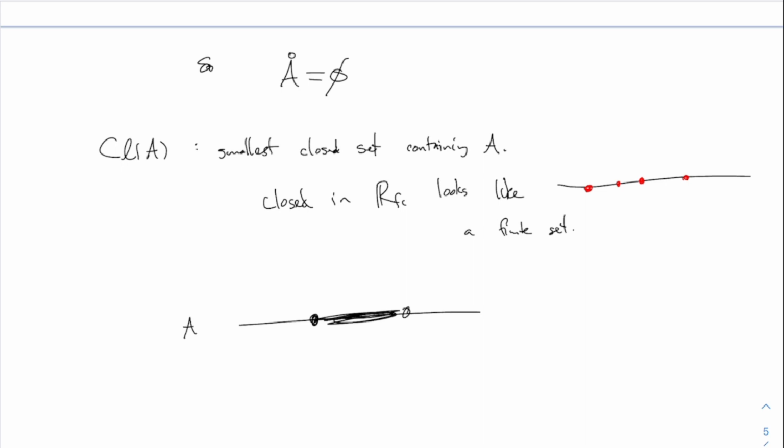The smallest closed set containing A? A closed set looks like just finitely many points. I would say no set of finitely many points can contain all of A, right? Because A is infinite.